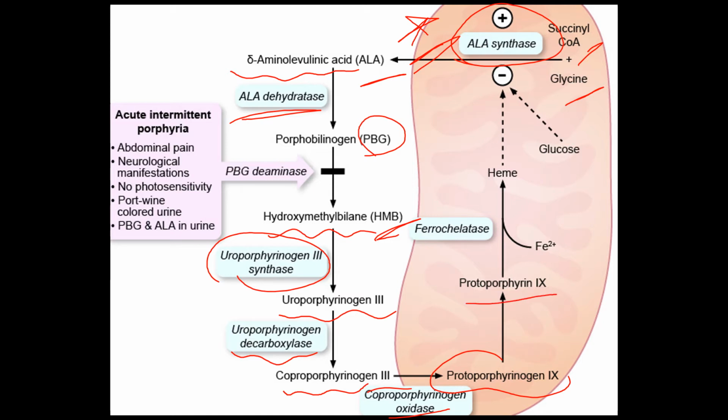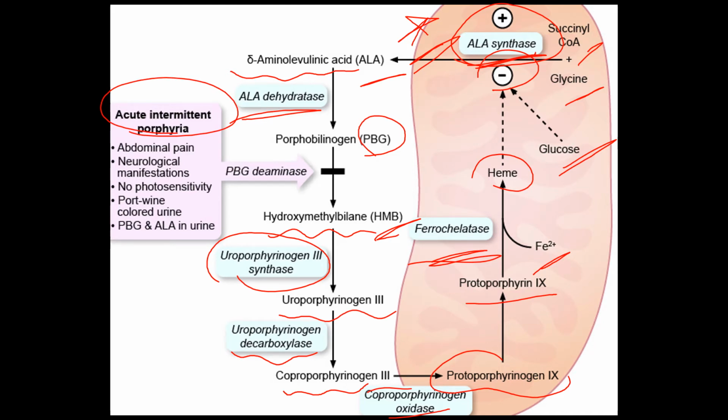And then into protoporphyrin 9, which then, with the help of the ferrochelatase enzyme, binds with iron to form heme. Now glucose inhibits this ALA synthetase, thereby preventing the formation of porphyrin, and therefore can help in cases of acute intermittent porphyria.